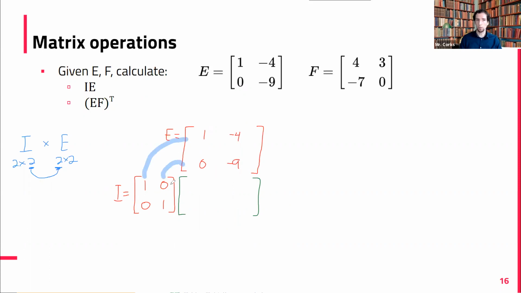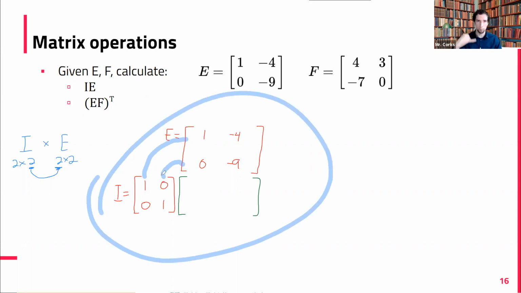This is the number of columns in I, the first matrix, 2, and the number of rows in the second matrix, E. Do they line up, does each thing have one match and is it an equal number? If yes, then it works, it's going to be possible. So another advantage to writing it like this, you can also do a second check to know if it's actually possible or not.